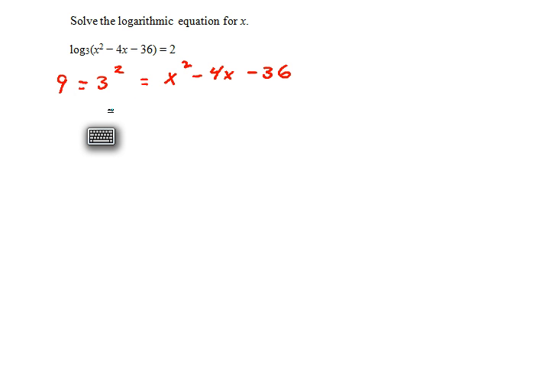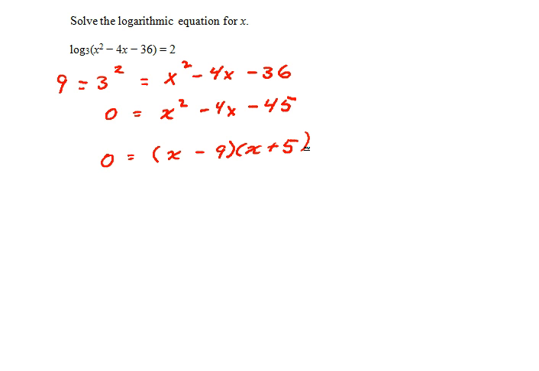If I subtract 9, I get 0 equals x squared minus 4x minus 45. Or 0 equals x minus 9 times x plus 5. And so x equals 9, or x equals negative 5.